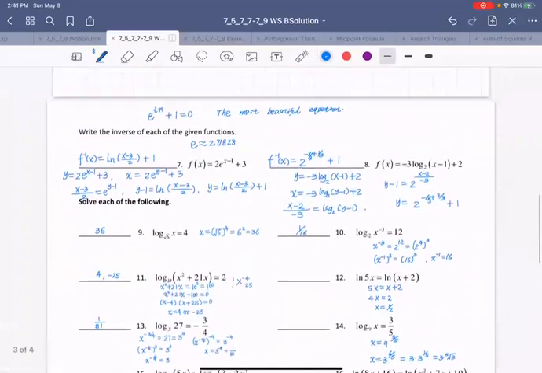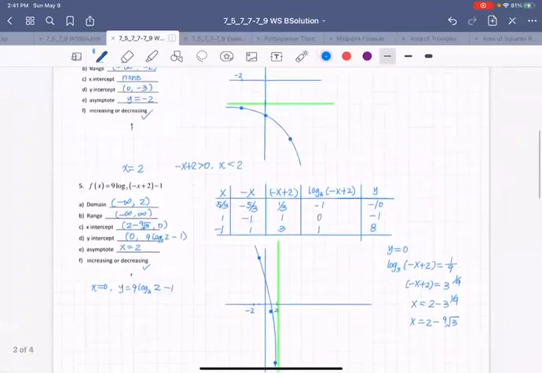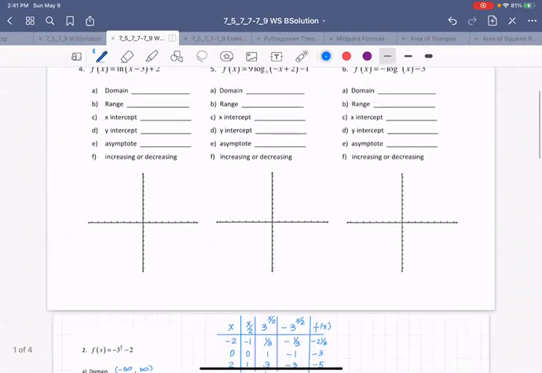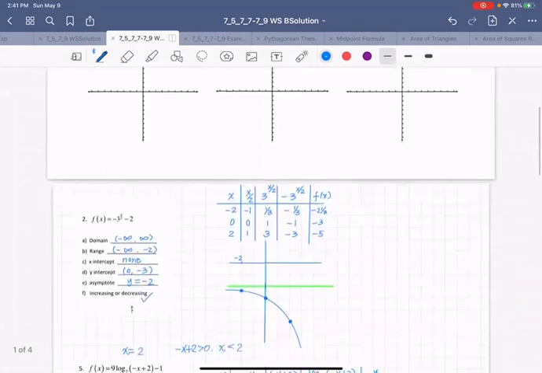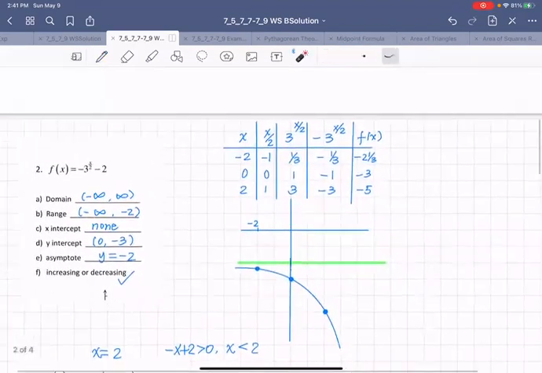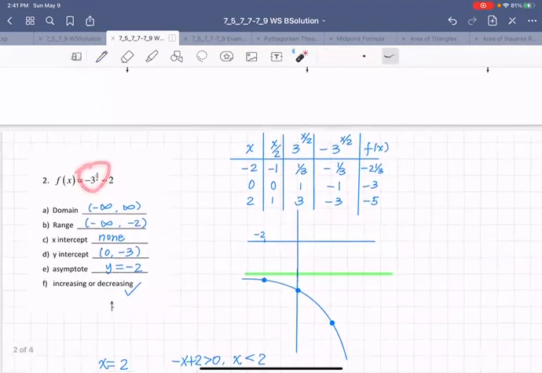So let me summarize again. We learned about exponential graphing and logarithm graphing. For the exponential graph, you don't want to just choose x equals 1, 2 and 3, because those are not the best points to draw the curves. The best 3 points to draw the curve are the 3 simplest points.